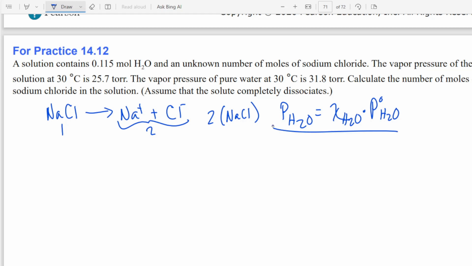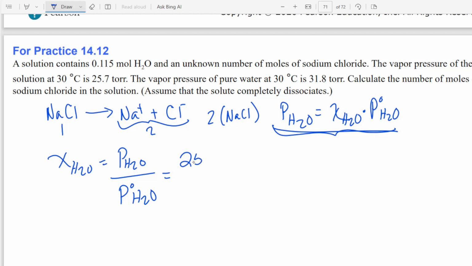We can rearrange this equation to say that the mole fraction for the water is equal to the vapor pressure of the solution, which is due to the water, divided by the vapor pressure of the pure water. And that's going to be equal to 25.7 torr divided by 31.8 torr. So that's equal to 0.808176.